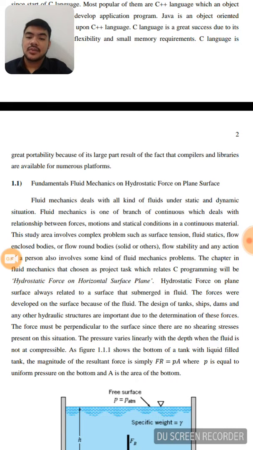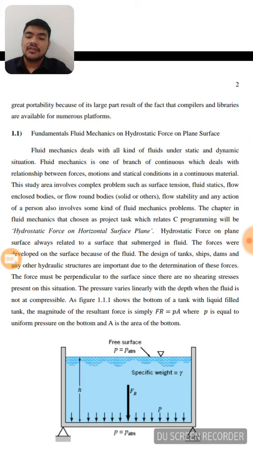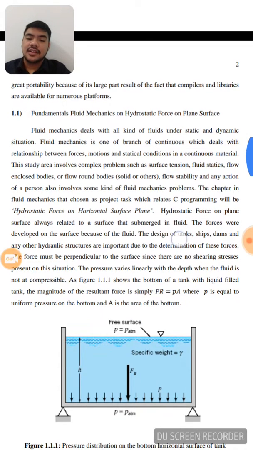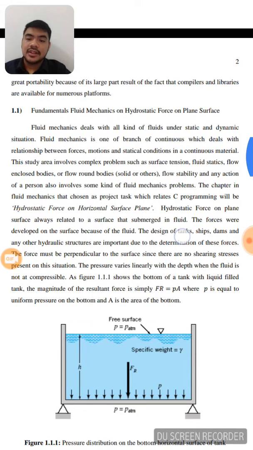Fluid mechanics is one of the branches of continuum mechanics, which deals with the relationship between forces, motions, and static conditions in a continuous material. This study area involves complex problems such as surface tension, fluid statics, flow in enclosed bodies, flow around bodies, and flow stability. Even the action of a person involves some kind of fluid mechanics problem.